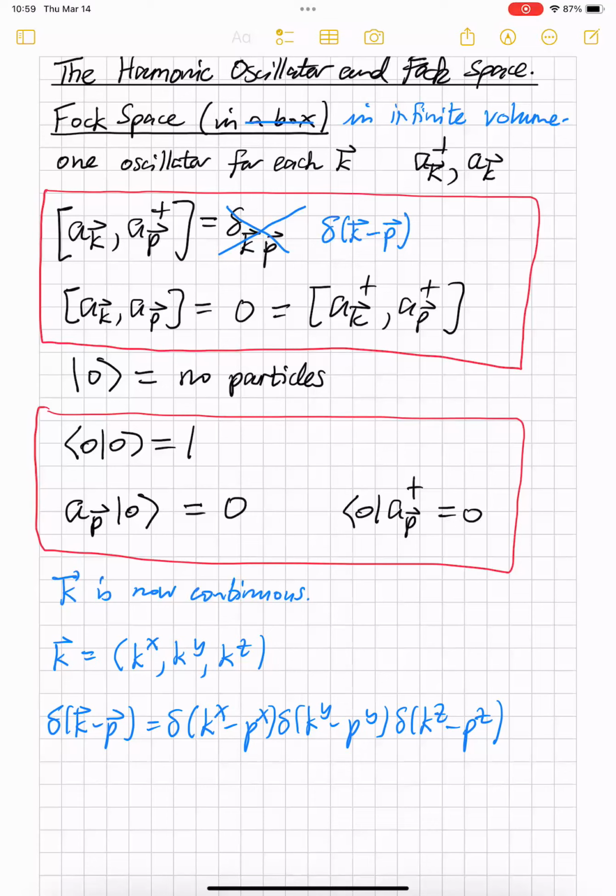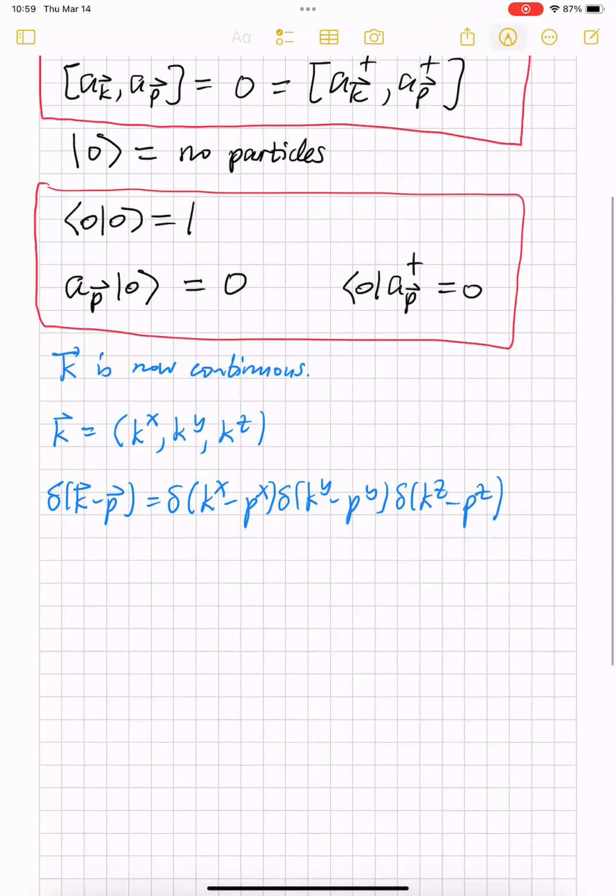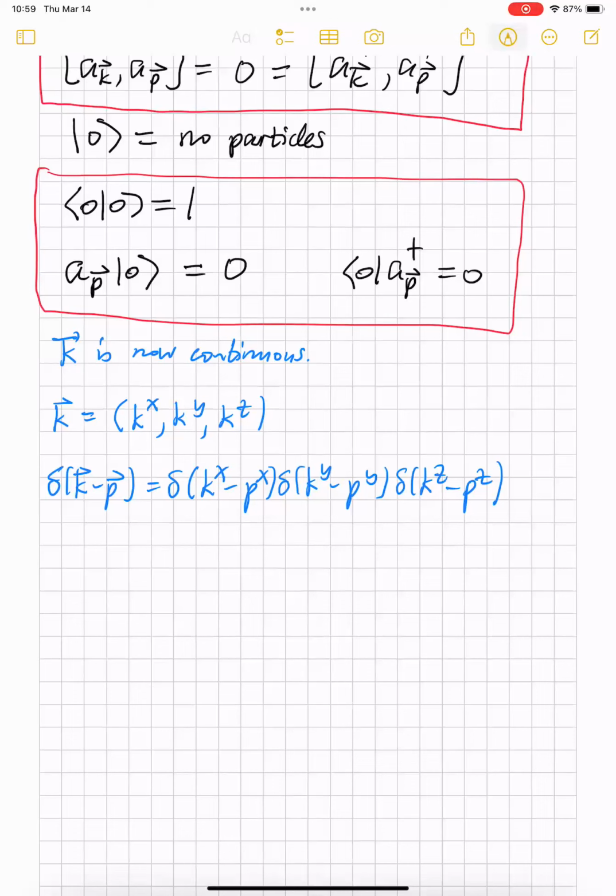Let's do a few computations just to get a little bit familiar with Fock space in infinite volume. So a single particle state would still be given by taking a_k dagger and acting on ket naught. If you wanted a single particle bra state, that would be bra naught, and you'd act with a_p.